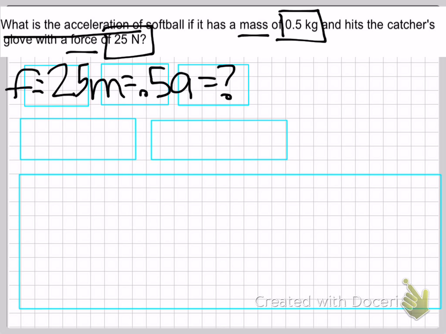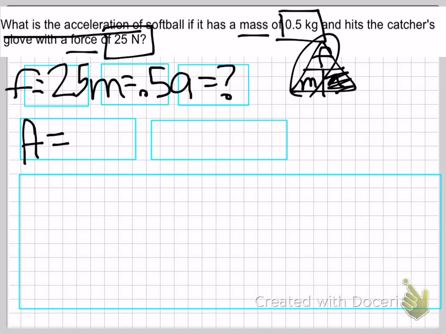If our acceleration is what's missing, think back to the triangle. If acceleration is what's missing, cover it up. Force over mass. Acceleration equals force over mass, or force divided by mass.